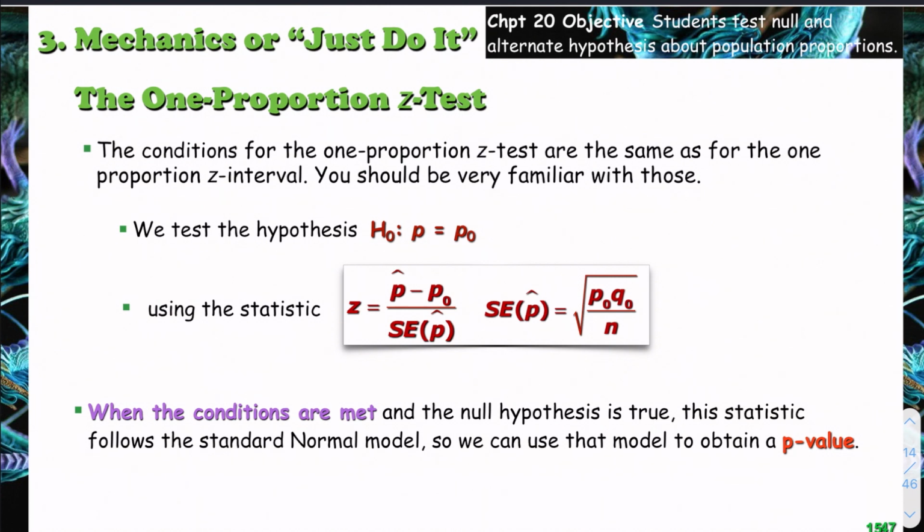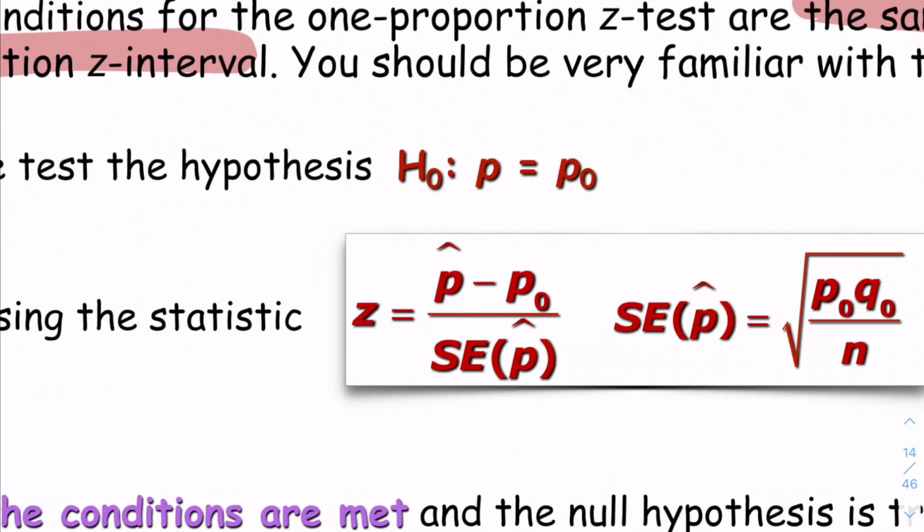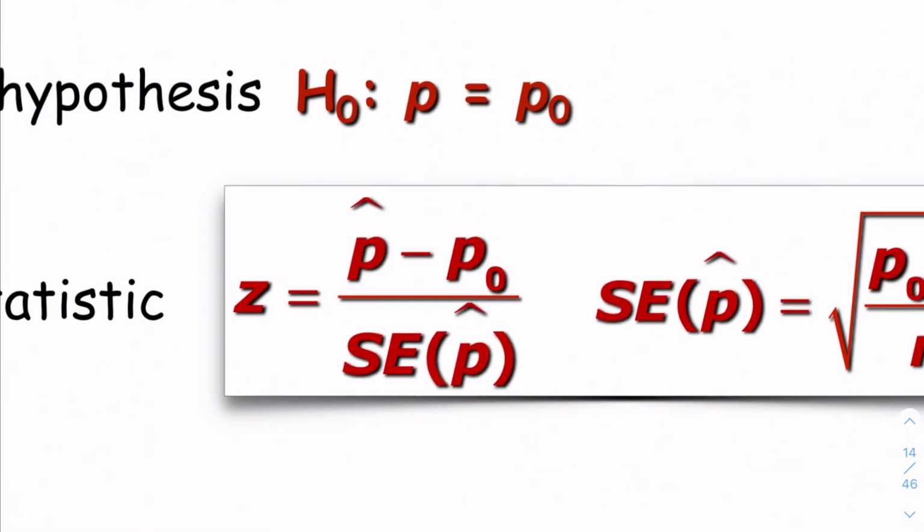Okay, so what is the formula that you have to set up? So the conditions for a one proportion z test are the exact same as for the one proportion z interval, and we should be very familiar with those by now. So we test our null hypothesis. We say p is equal to some initial proportion. And then using the statistic, z-scores. What is the proportion of getting the z-value?